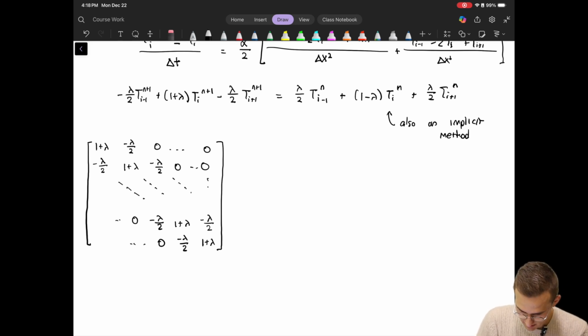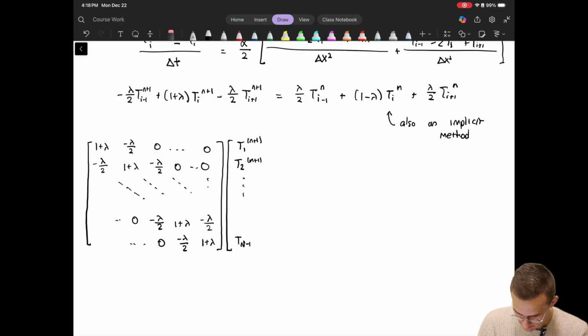Okay, and then here we're talking about the interior points, T_1 through T_(N-1), at time step n plus 1. That's the vector that we're multiplying by here.